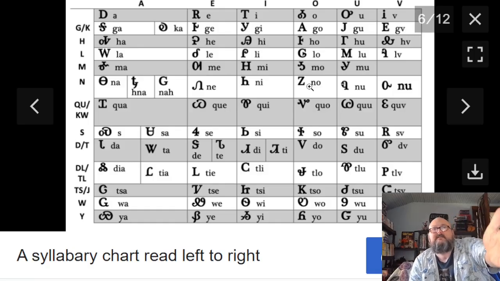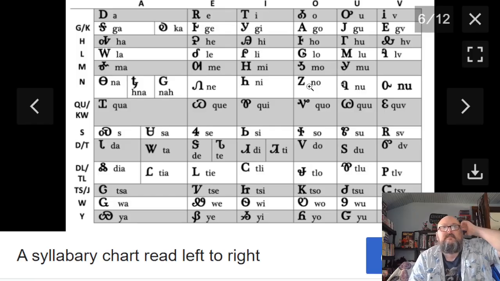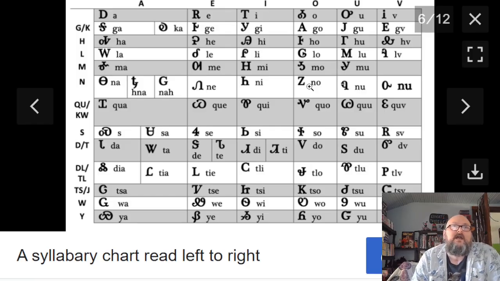And then on the left-hand side, a, ga, ha, la, ma, na, kwa, da, dia, sa, wa, ya. So yeah. But you have the G/K sound: ga, ka, ge, gi, go, gu, gv.